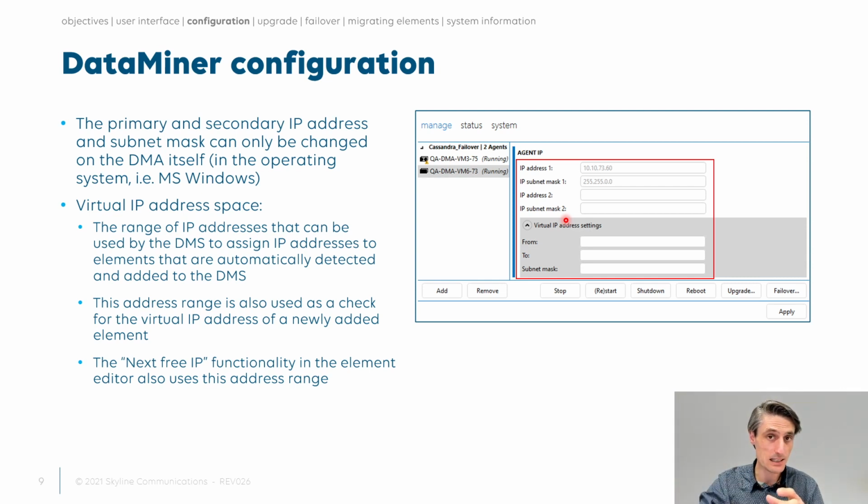And we will translate that to the proprietary protocol or web services or whatever is behind the scenes there. We can basically convert any protocol, proxy that northbound to SNMP. But then you have to assign a dedicated virtual IP address to that element. That's just a range you can define to make sure that we're staying within that range for this DataMiner agent, with some checks and some auto-free next IP address functionality.